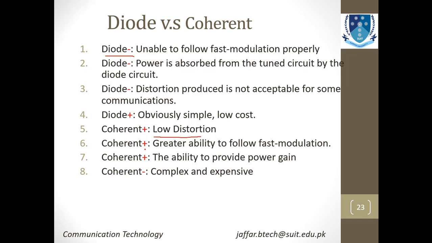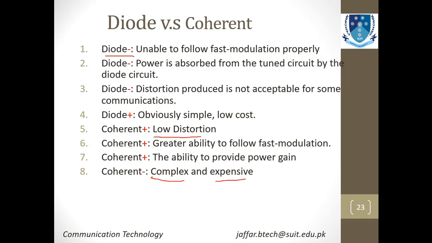And the power gain of this coherent demodulation is also very good. The only con of coherent demodulation is the cost and the complexity level of this circuit. These are some pros and cons of diode and coherent demodulation circuits.